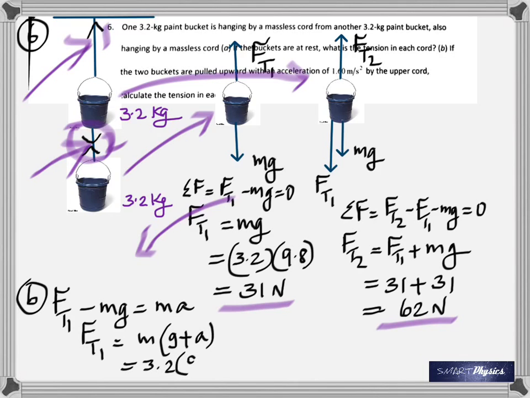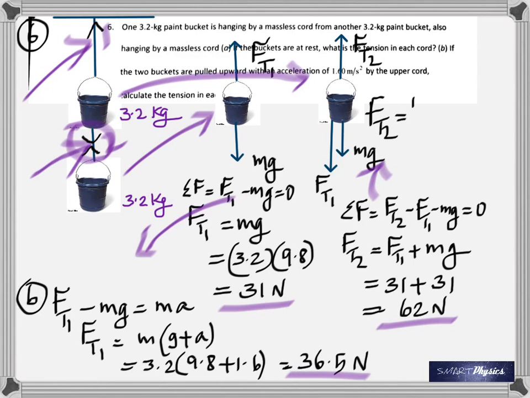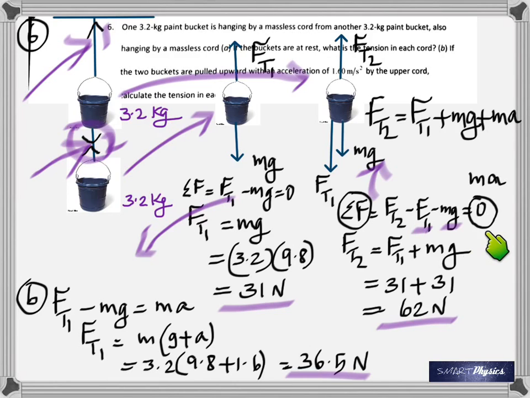So times g plus a. We know that the tension is going to be greater, and you get 36.5 newtons. And the top one, again, plus m times a. That is the additional factor. I'm trying to show you that in place of 0 here, you have m times a.